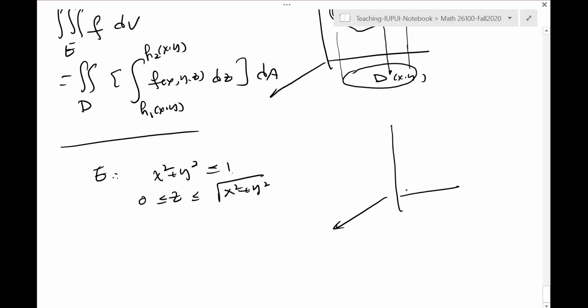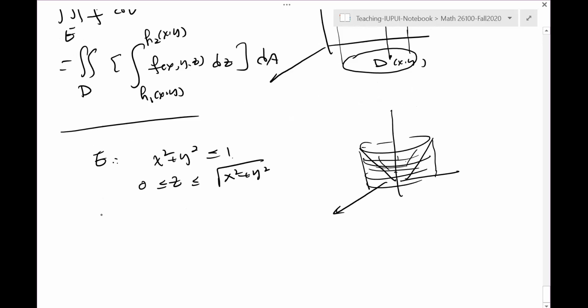So this is actually cone-like, but inside this cylinder. This region is below the cone.